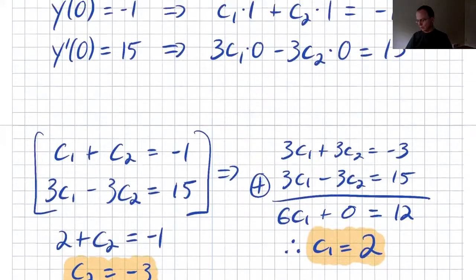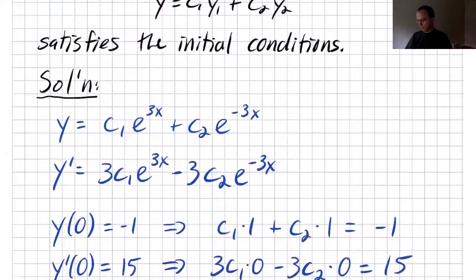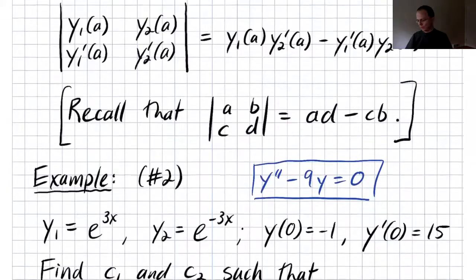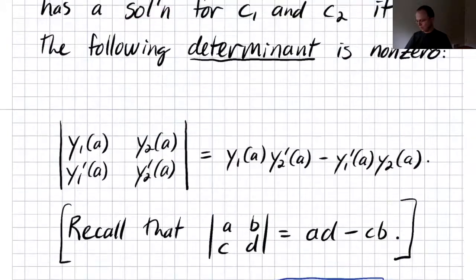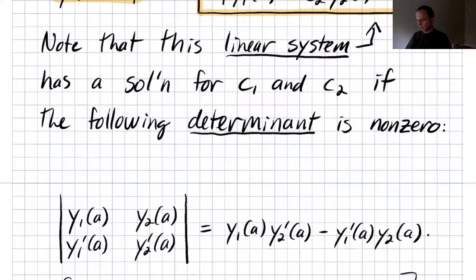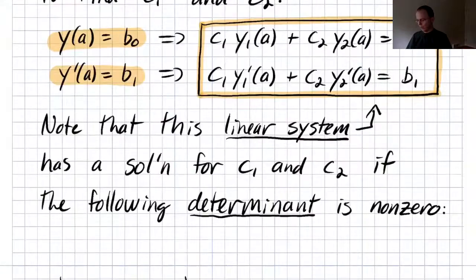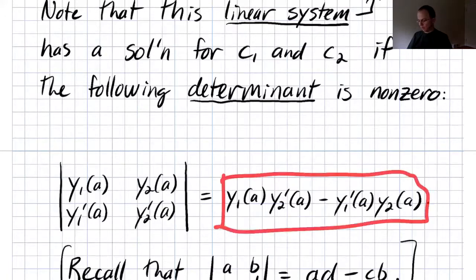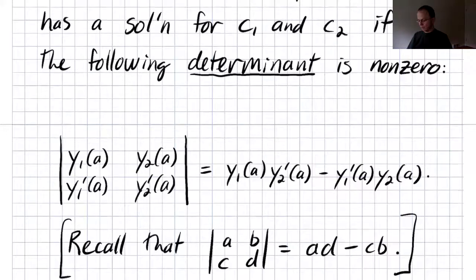All right. So there, we just threw in an example into this discussion about what is this linear system? It's nice to see an example. What is this linear system? And why is it important to look at the determinant of this matrix? All right.